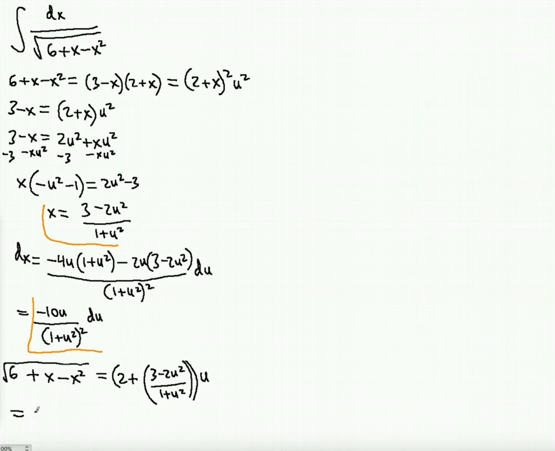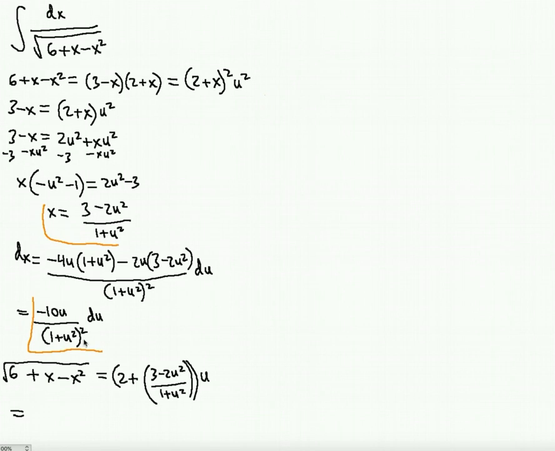So let's simplify that. We need the LCD, 1 plus u squared, and then multiply it by u. Let's leave the u outside for now, but just simplify the inner part.